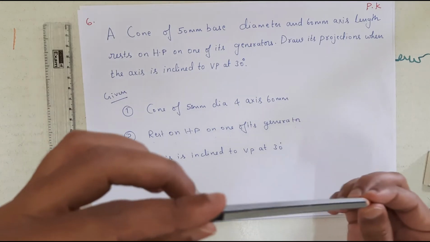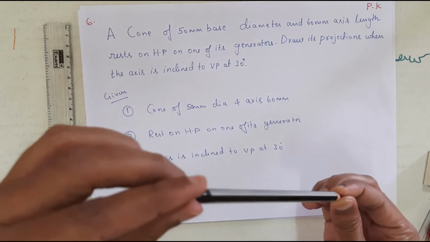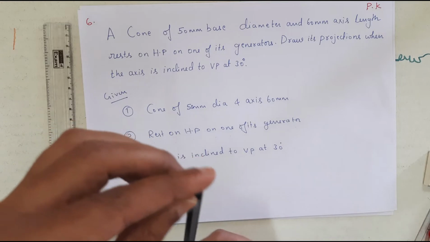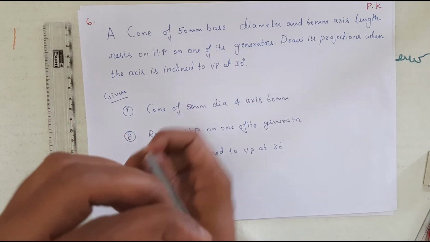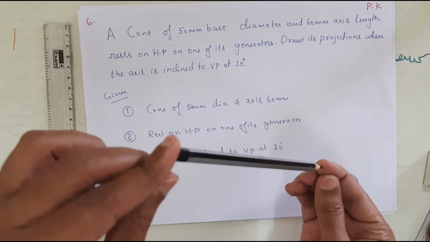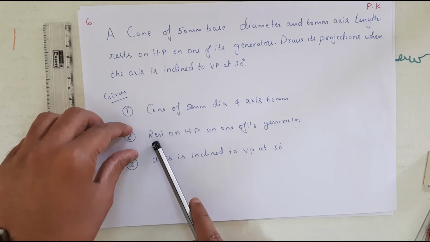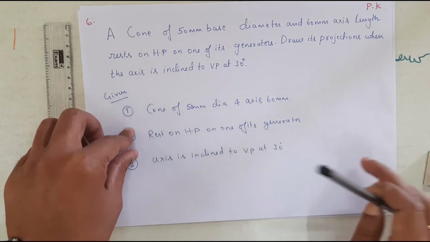Generator means a line that is fixed at one point while the other point rotates in a circular manner. Then only we call this line a generator. So they are telling that the cone is resting on HP on one of its generators.